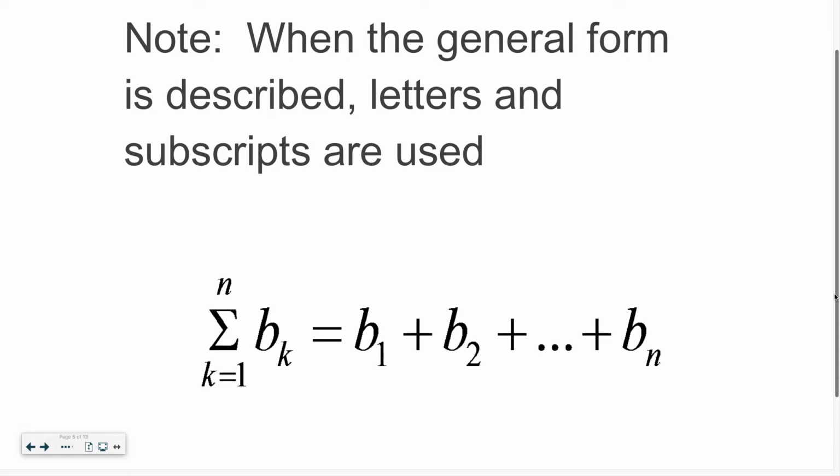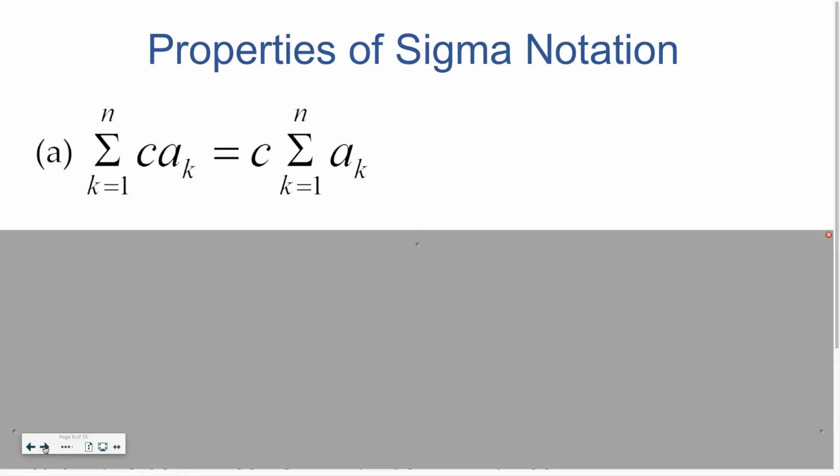Okay. Now there's some properties that I think some of you might assume are true, but I want to make sure that we officially talk about things that we could do with our summations. These will eventually relate back to what we can do with integrals. I'll show you how that all comes together next week.